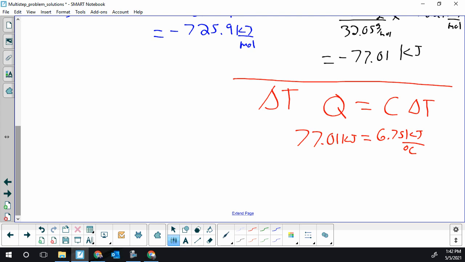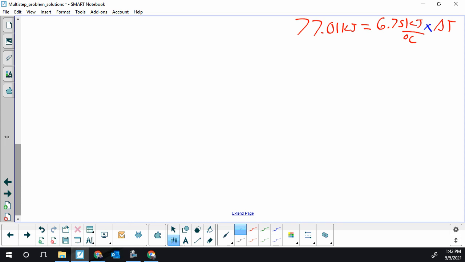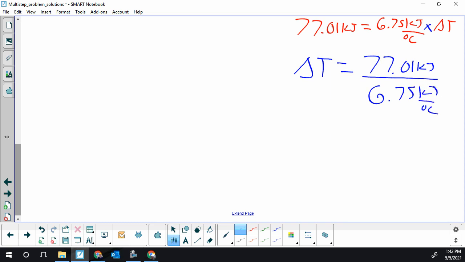Okay, so that tells us how much energy is needed to heat that calorimeter 1 degree Celsius, times our delta T. So our delta T equals... kilojoules cancel. We have degrees Celsius to the -1 to the -1, which is just degrees Celsius, and we get 11.4 is our change.